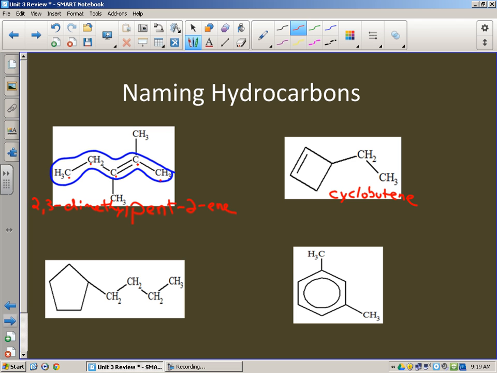Your options are, though, you could go 1, 2, 3, or you could go 1, 2, 3, then that one. And you still want to use the lowest numbers possible, so we're going to go with the red ones here. 1, 2, 3. 3 has got an ethyl group, so we'll go with 3-ethyl. 3-ethylcyclobutene.